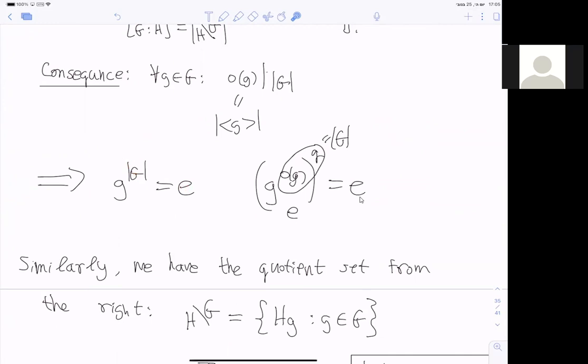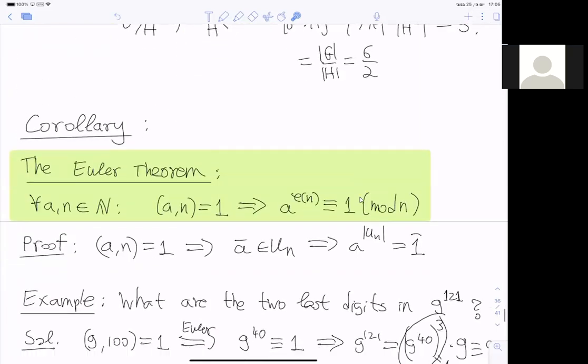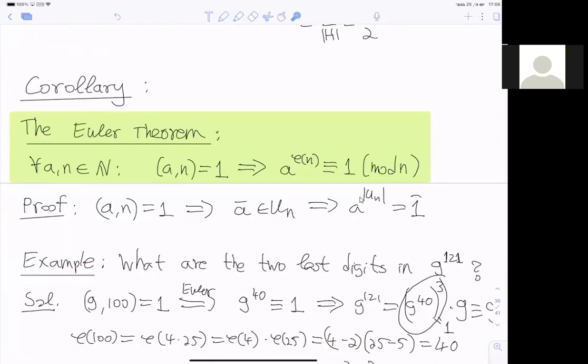Because this exponent can be written as the order of G multiplied by some Q. So this is E, and E to the power of Q is E. So this is a particular case in which our group G is the Euler group. Now, the order of Un is by definition phi of n.